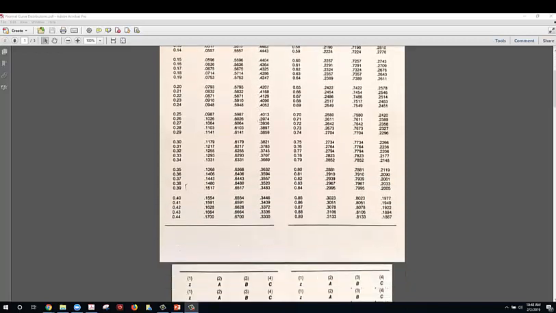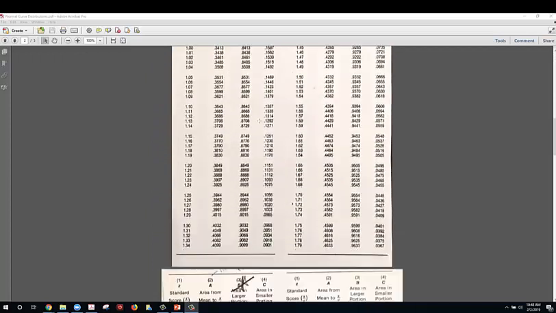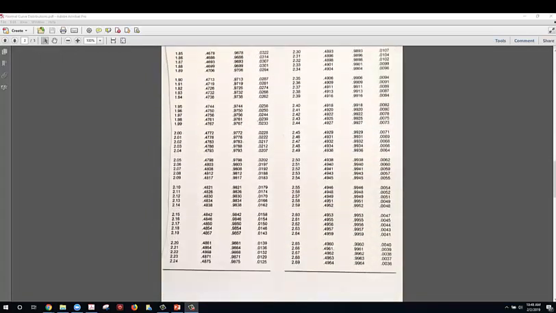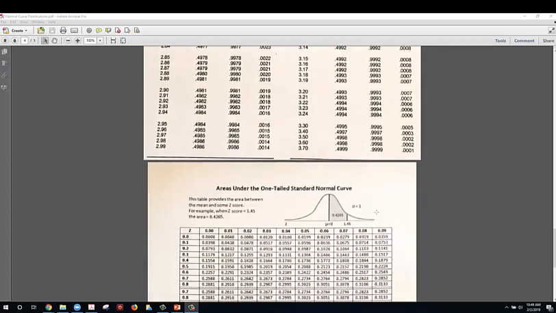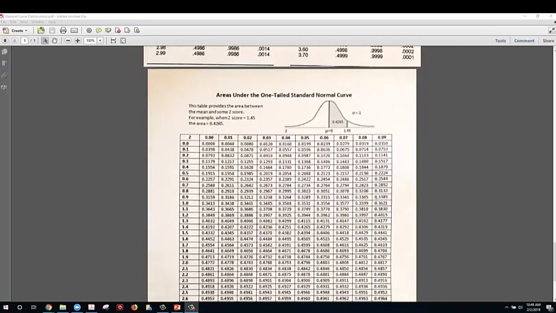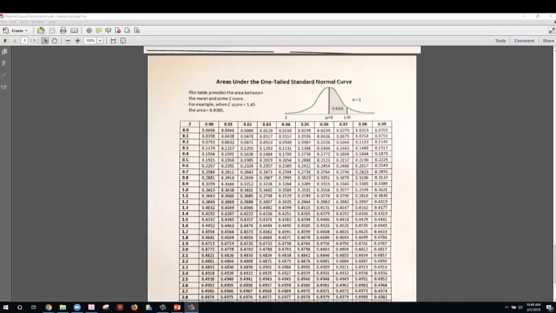Now what do we mean by all that? So let's take a look at this other chart. You can see we go up to 3.7 here. This is another chart that I've added here. These are just two examples of looking at the curve. And here, let's say we had a z-score of, let's take this example here, 1.45.